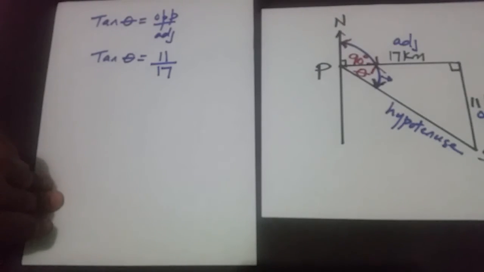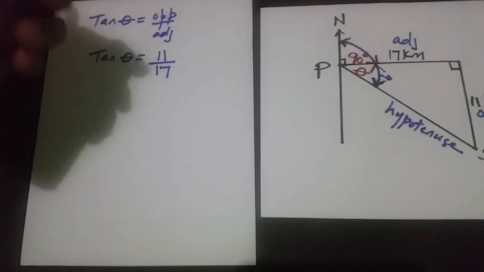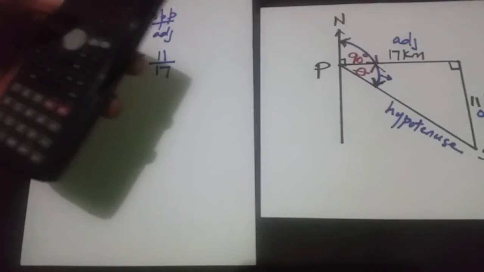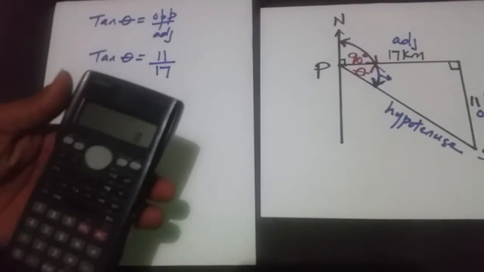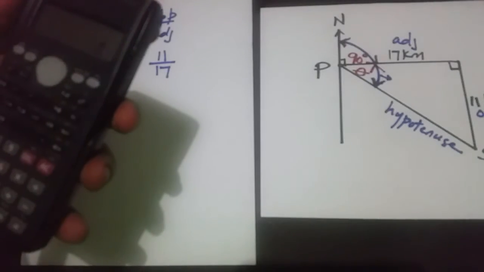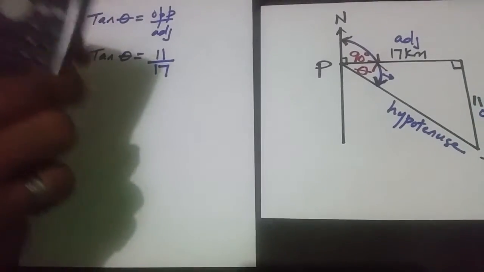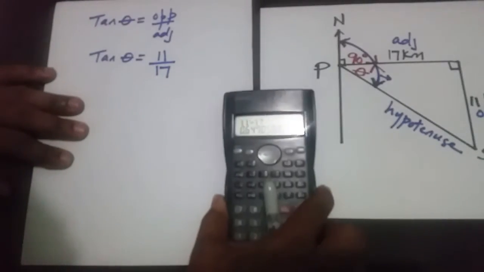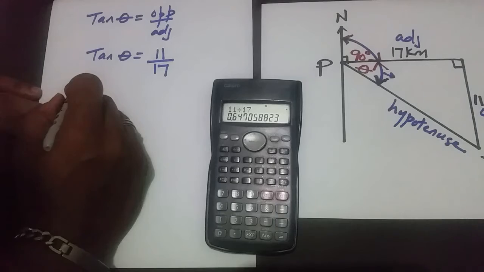So we're simply going to divide 11 by 17 on the calculator. On the calculator, of course, ensure that the screen is cleared. Always do that before you start using the calculator. And we're going to divide 11 by 17.